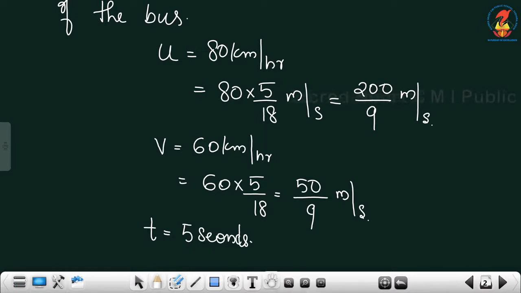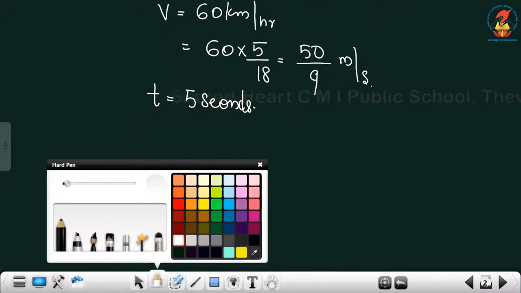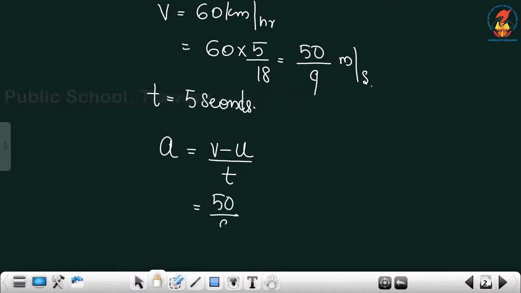Now we will write the equation and we will substitute in this equation. a equal to v minus u by t, that is 50 by 9 minus 200 by 9 divided by 5.